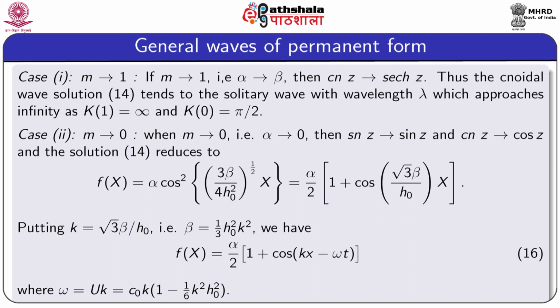And if we take the second particular case, m goes to 0, then Sn z goes to the sine function and Cn z goes to the cos function, and the solution can be written in terms of sine and cosine functions. With the substitution k equals square root of 3 beta by h0, that means beta equals this, the value of f transforms as alpha by 2 into 1 plus cos of kx minus omega t.